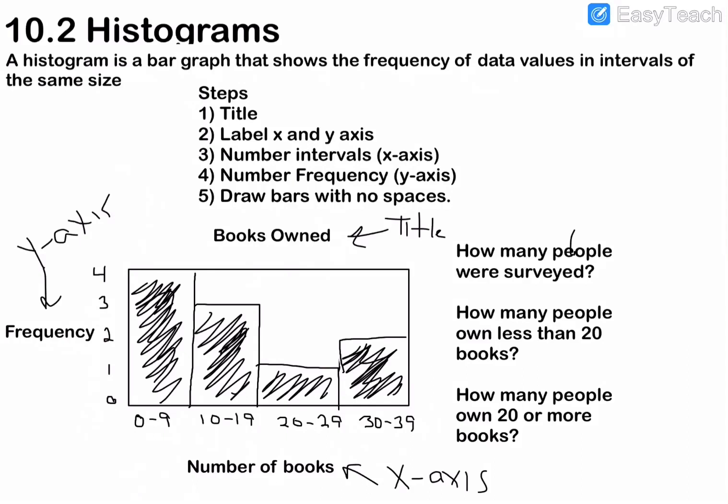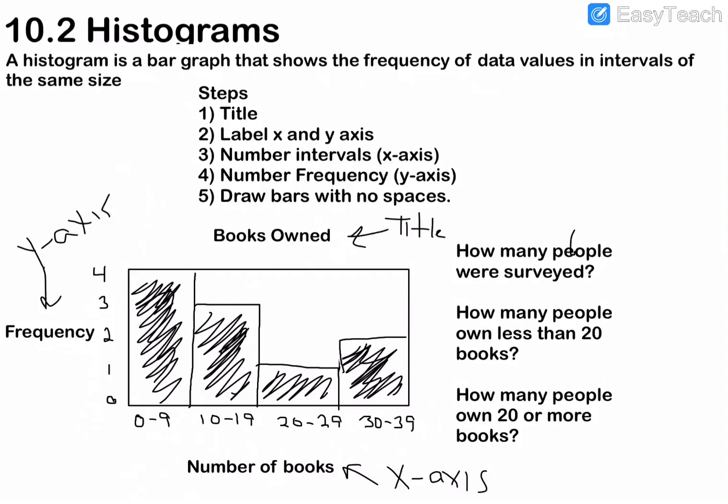Okay, so how many people were surveyed when looking at this histogram? And we can do that by finding out, we're actually using the frequency for this. Okay, so if my x-axis is the number of books owned, how many people own between 0 and 9 books?